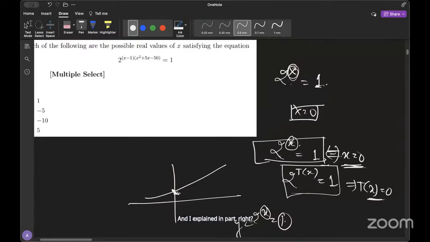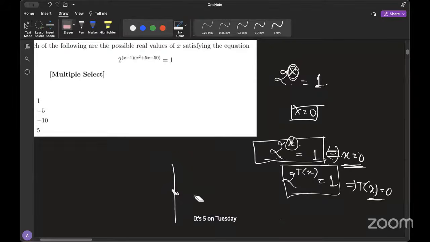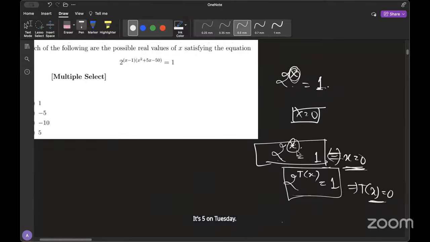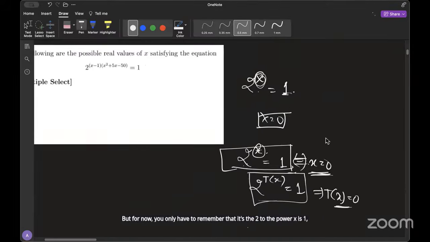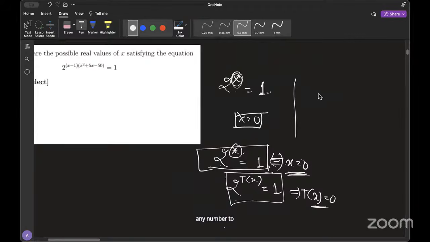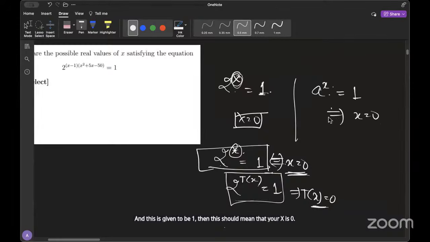It comes in week 5, I don't remember the exact week number. But for now, you only have to remember that if any number is raised to power x, and this is given to be 1, then this should mean that your x is 0. That's the only possibility.